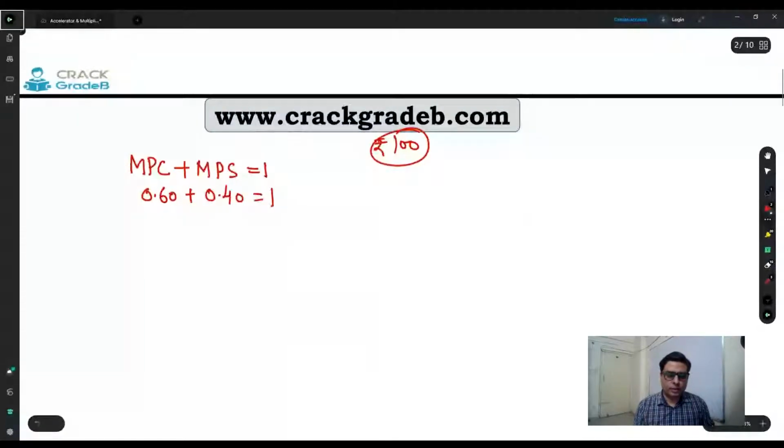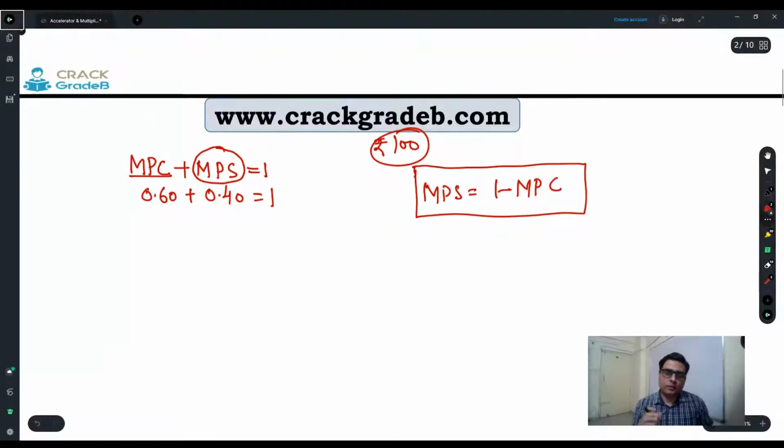Suppose we want to calculate marginal propensity to save, and we know the marginal propensity to consume. Then we can find it: MPS is equal to 1 minus MPC.